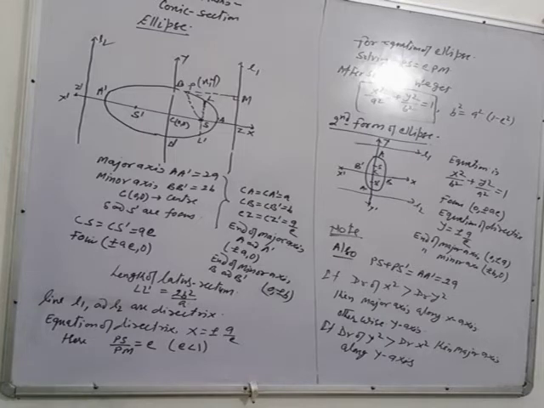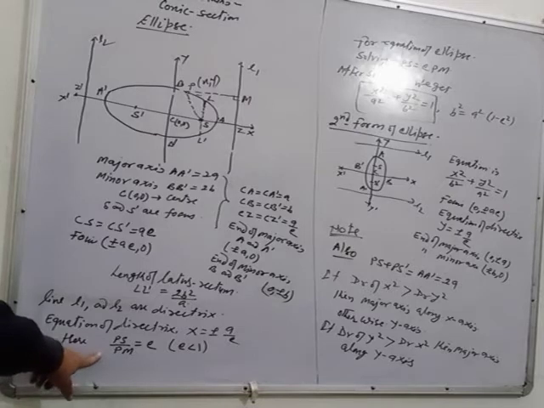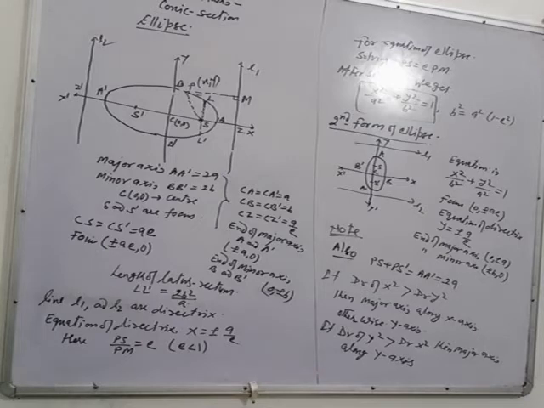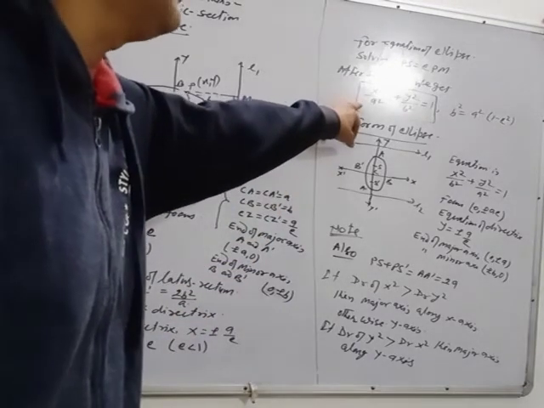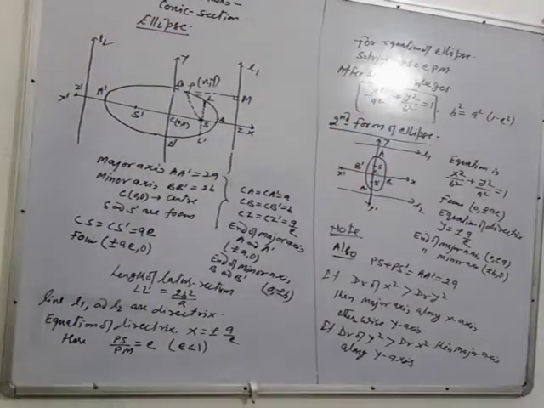When you form the equation of the ellipse, you will solve the relation PS upon PM is equal to e, that is PS is equal to e times PM. The derivation is not necessary. You will get x square by a square plus y square by b square is equal to 1.